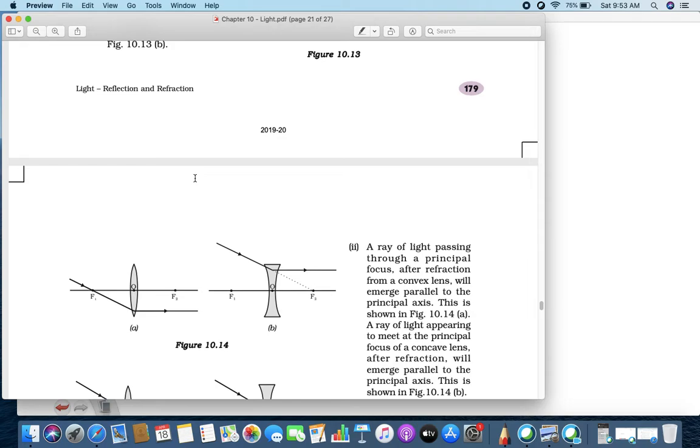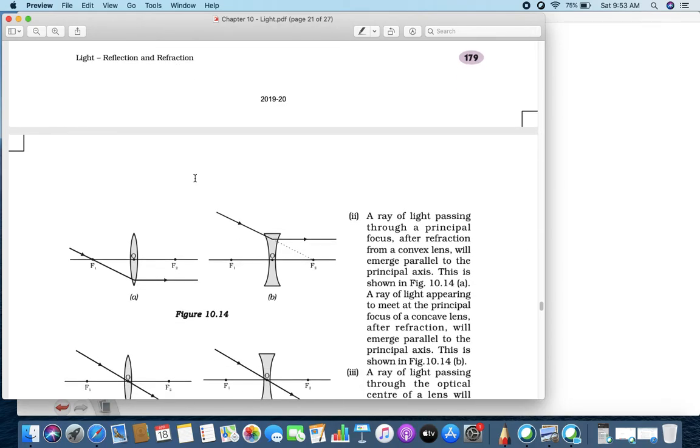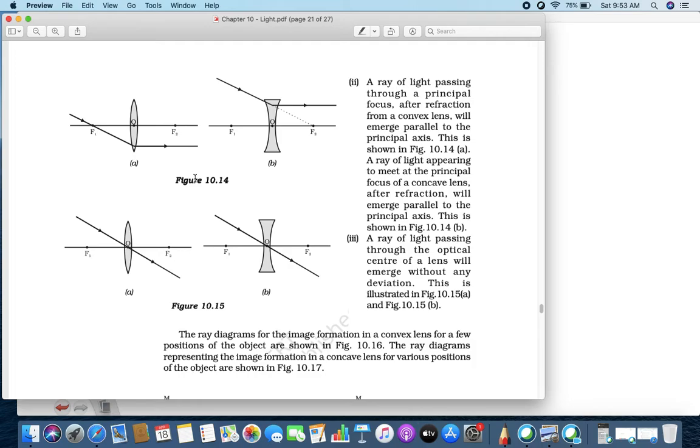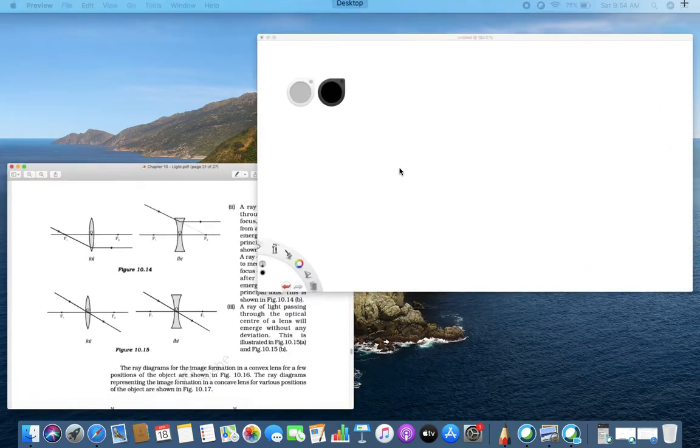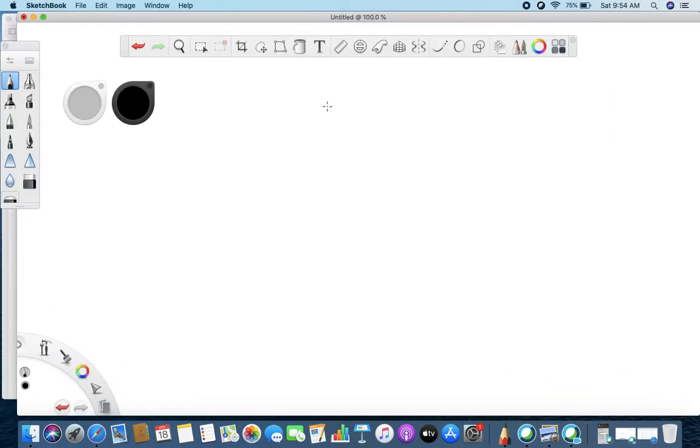If it passes through F, it will become parallel to the principal axis. The same rule. Third rule, if it passes through optical center O, it will not get refracted. Always remember, no reflection, no refraction if it passes through optical center O. So these are the rules.